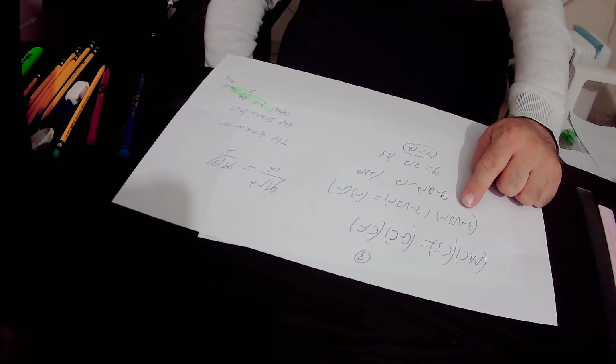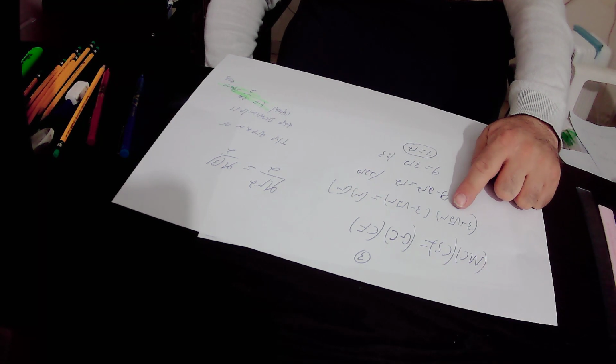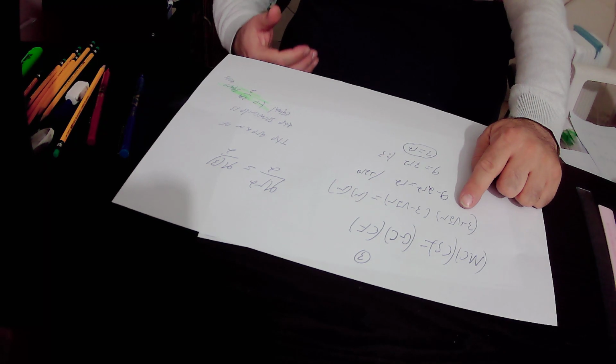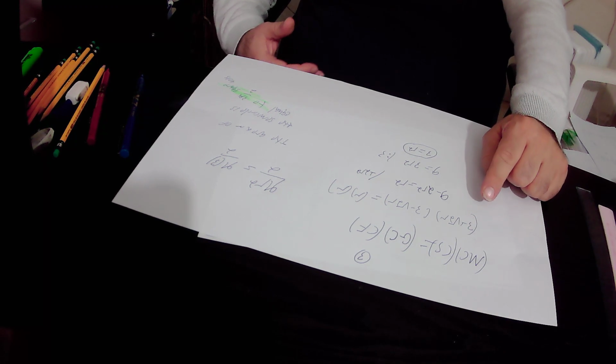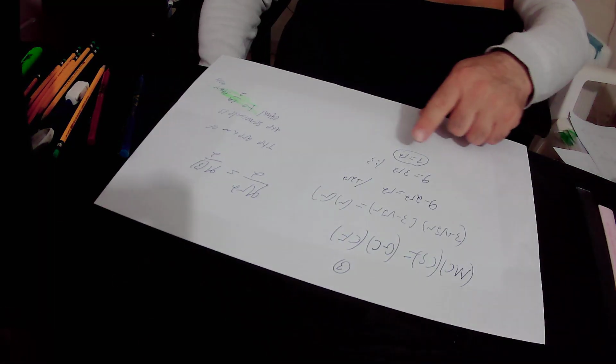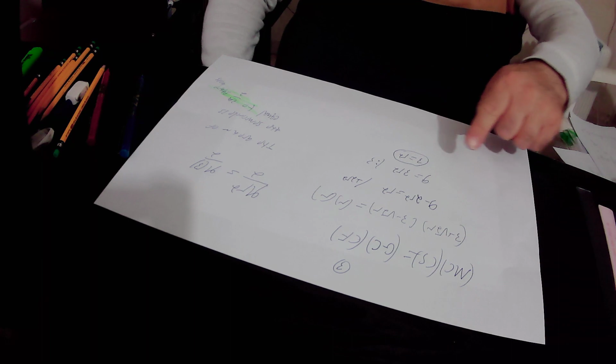Square root of 2R squared is 2R, because you have to square the square root and also square R. So square root of 2R squared is 2R squared, and A squared minus B squared is 9 minus 2R squared, and it is equal to R times R, that is R squared.